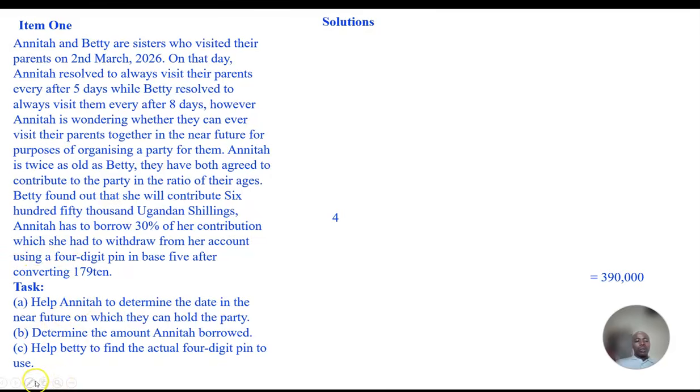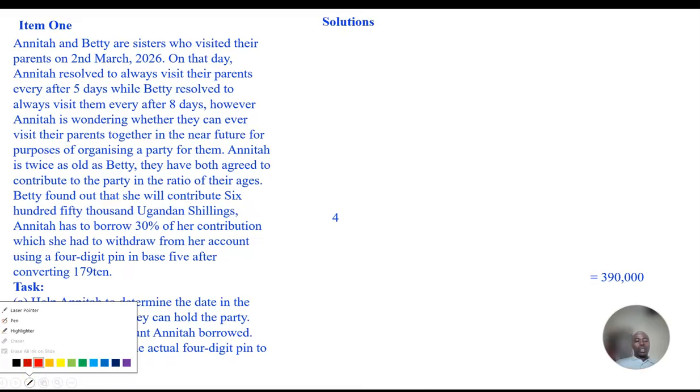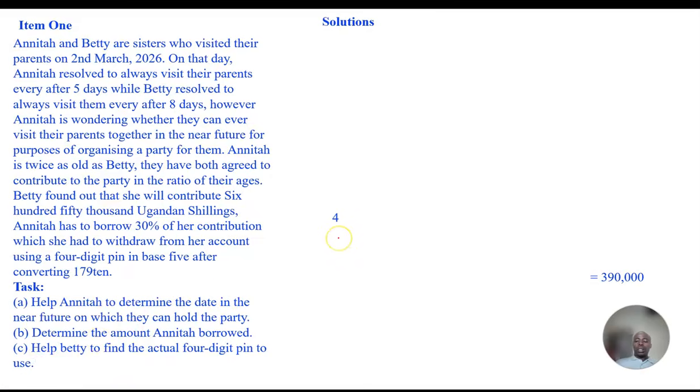And now definitely we go to solutions. So part A, help Anita determine the date in the near future on which they can hold the party.